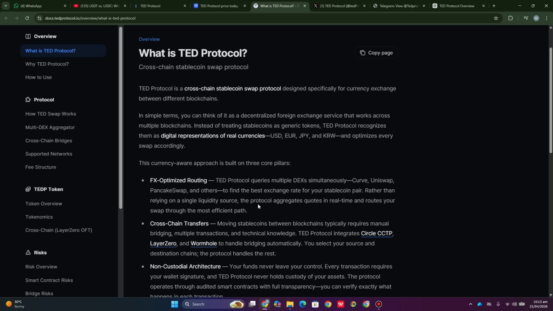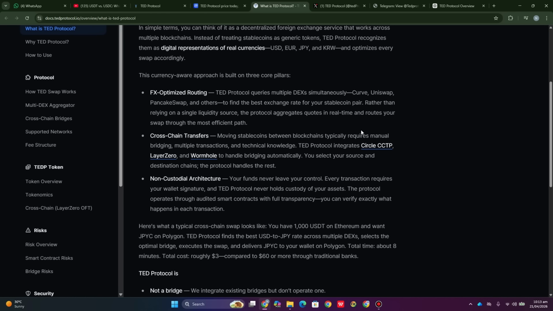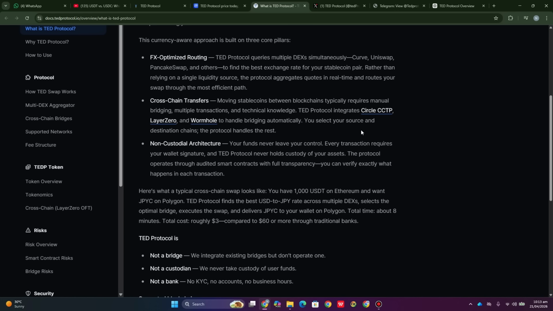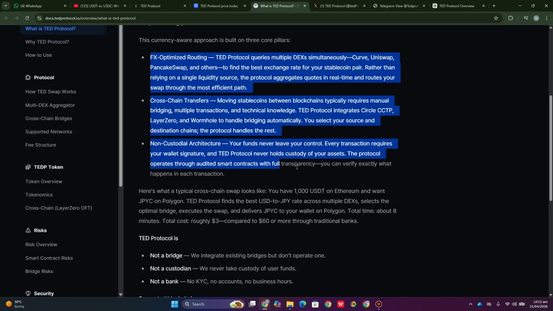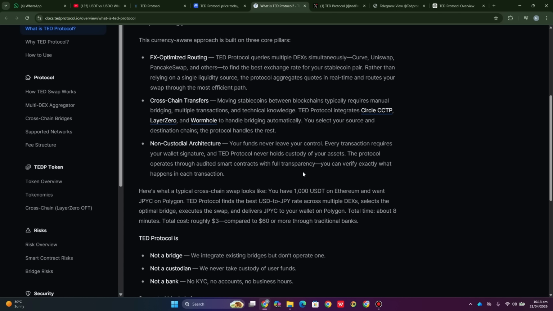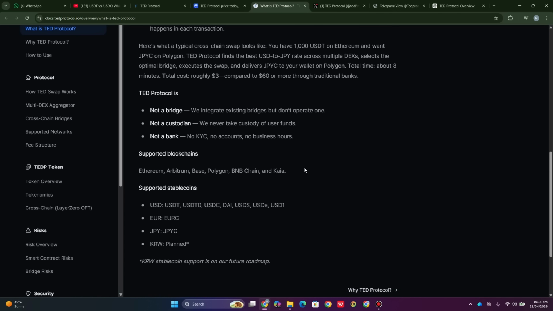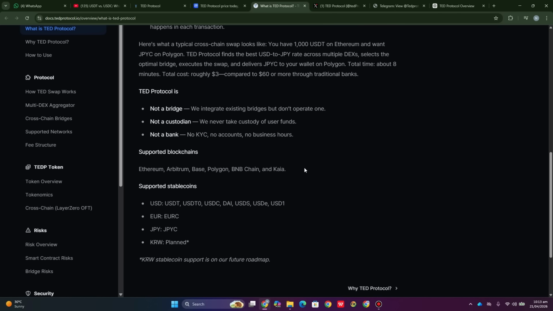What is TED protocol? This is a cross-chain stable swapping protocol that offers digital representation and optimizes swapping accordingly. You can easily get FX or PMI routing with a non-custodial architecture. TED protocol is not just a bridge, not just a custodian, not a bank.